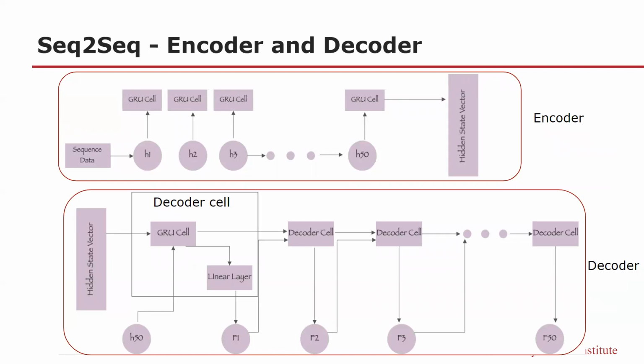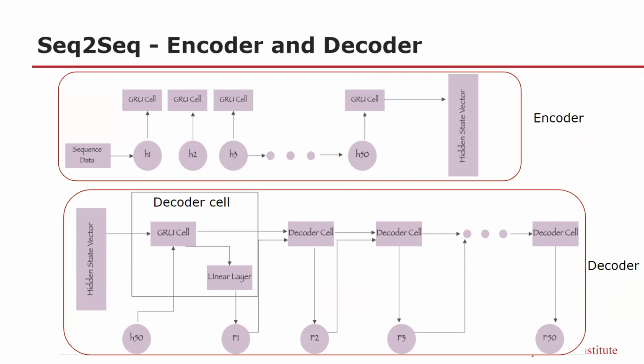So the encoder architecture and the decoder architecture have been detailed here. The encoder architecture consists of the fundamental units, which are GRU cells, used to capture the hidden states from the positions. The history positions are indicated as H1, H2, H3, and so on till H50, which are 50 history positions. The GRU cells process the history positions in order to give rise to the hidden state vector. And you can see the decoder, which consists of several decoder cells.